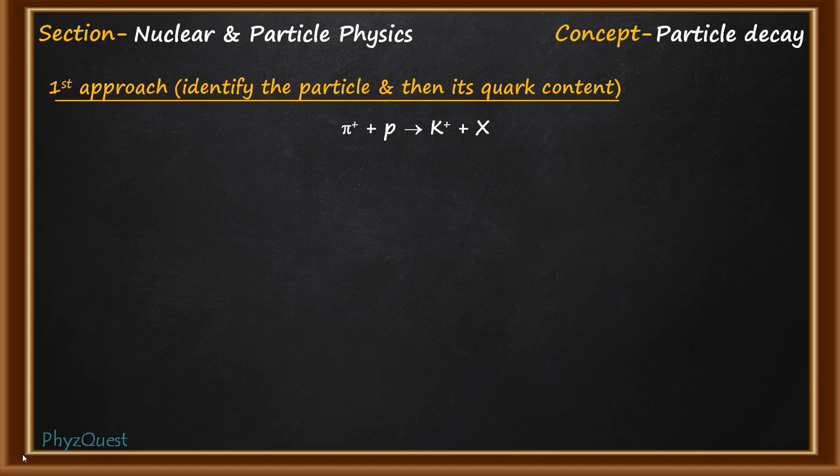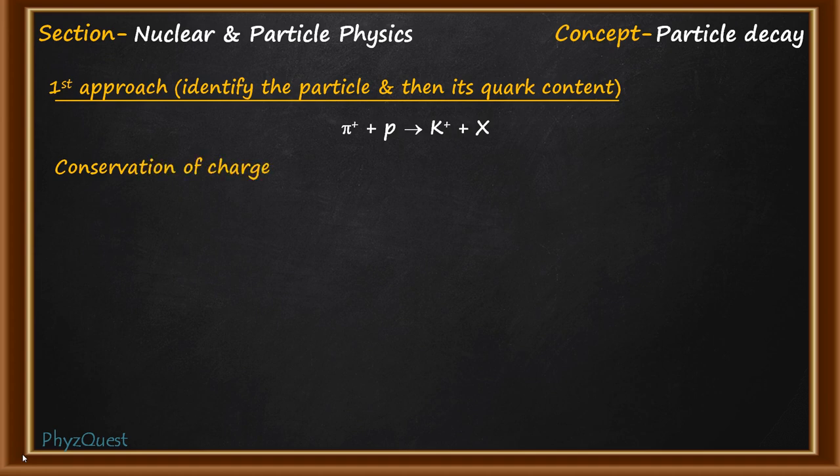In order to identify the particle, we have to use the conservation laws. There is a certain set of conservation laws which every decay process should follow to be valid. Applying them, we can get the profile of the particle X, and from that profile we can find out what the particle could be. The first law is the conservation of charge.